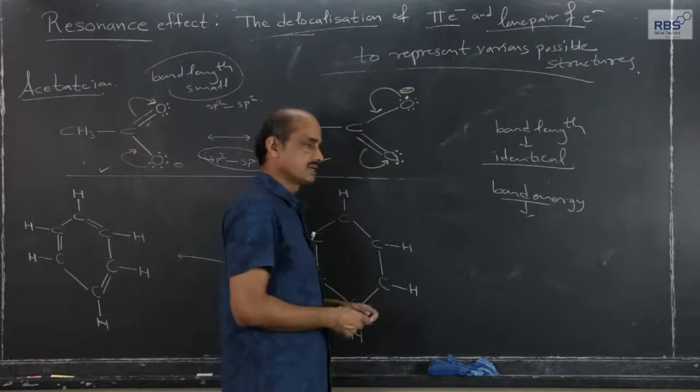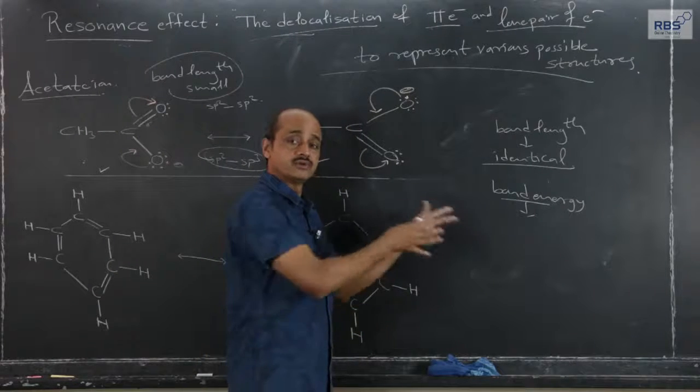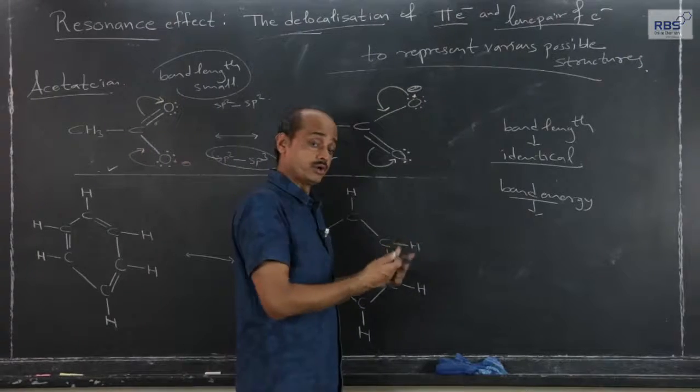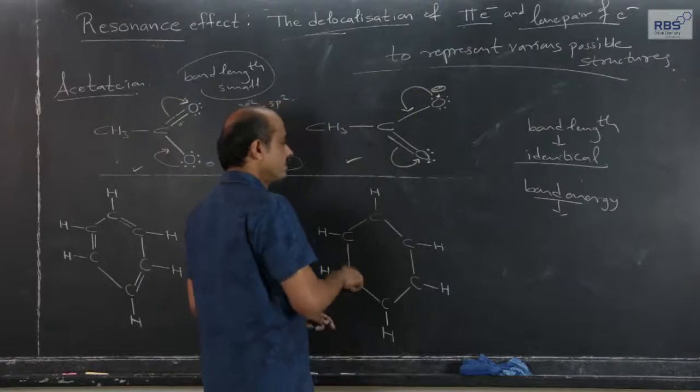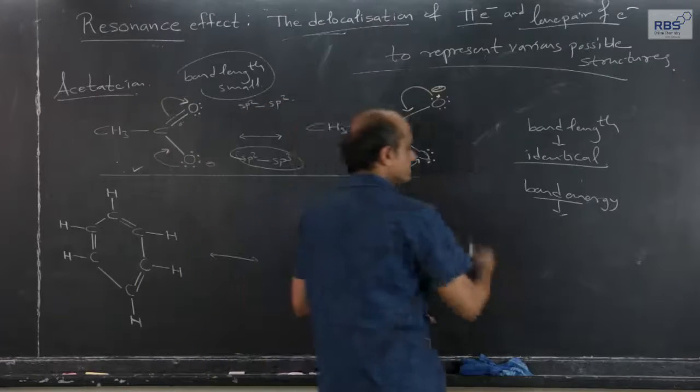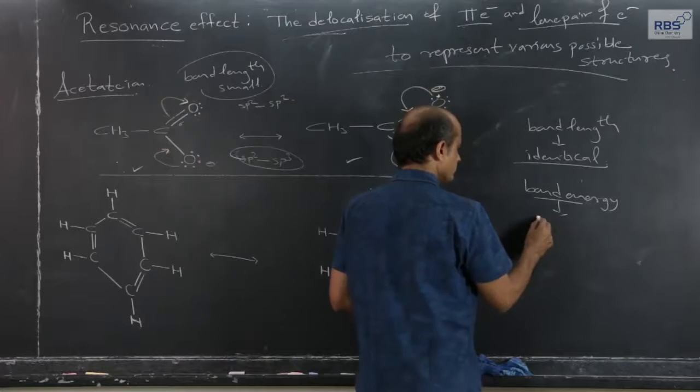In this topic, let us not go into the details of bond energy from the thermodynamic point of view. Bond energy, the amount of energy required to break the bond, required to break both the bonds, is also the same.